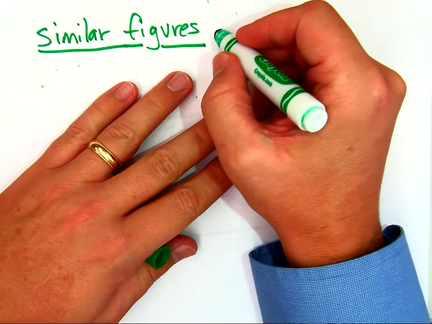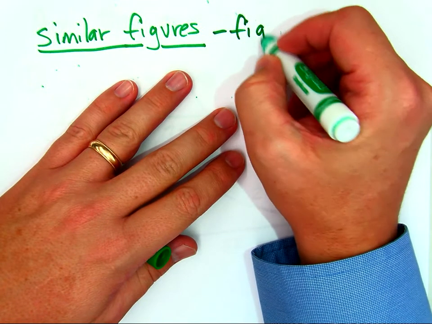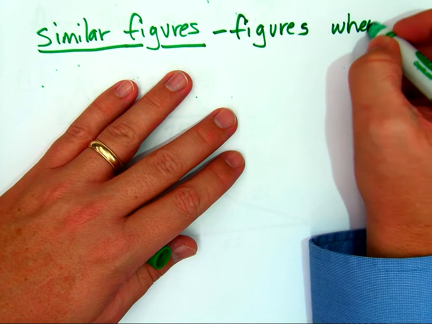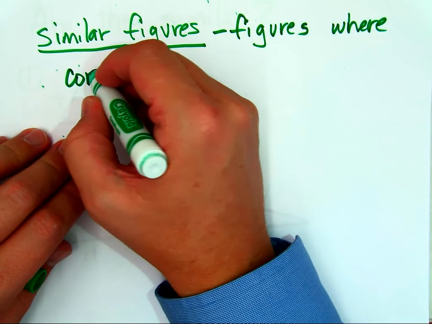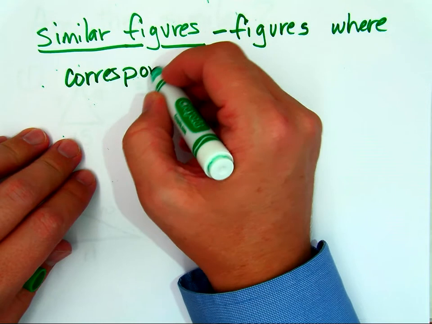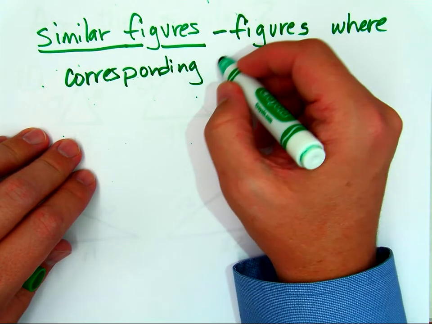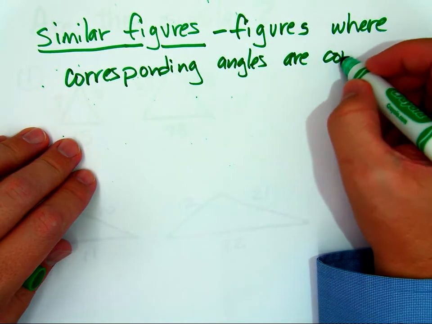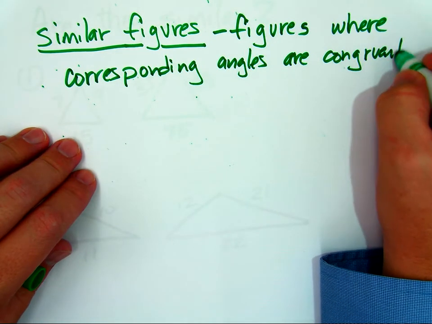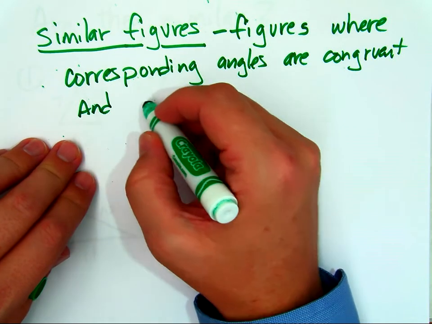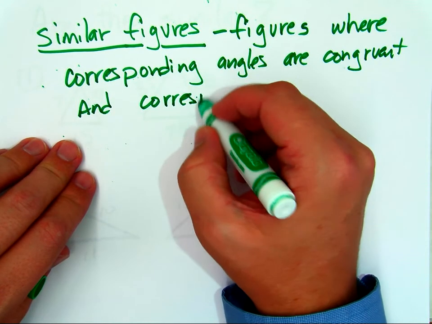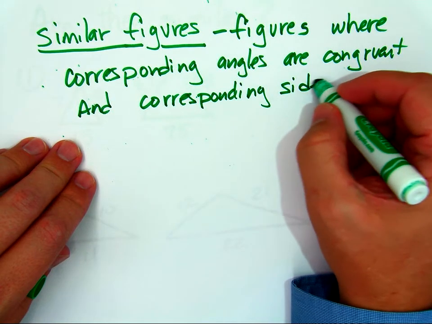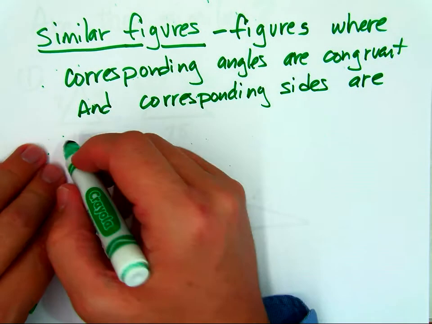Similar figures are figures where the corresponding angles are congruent and the corresponding sides are proportional.